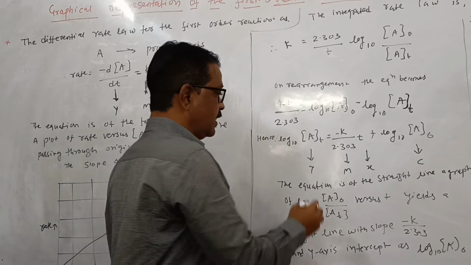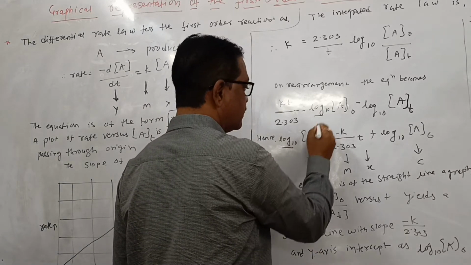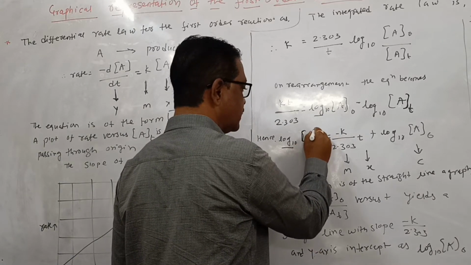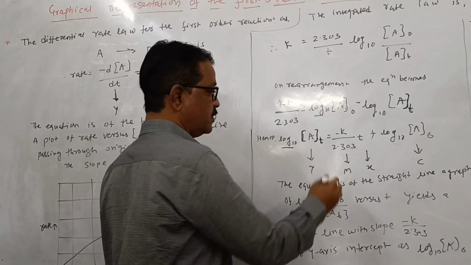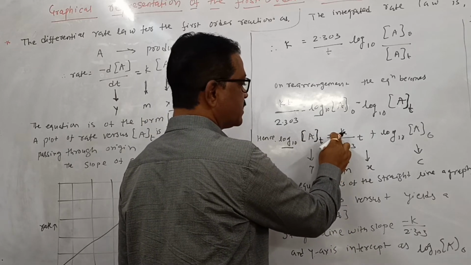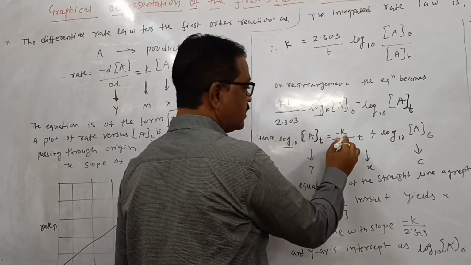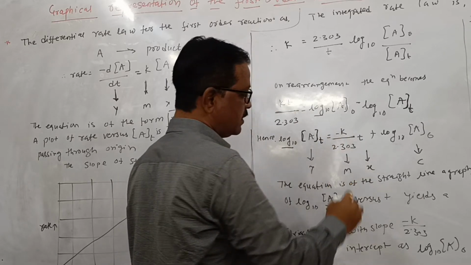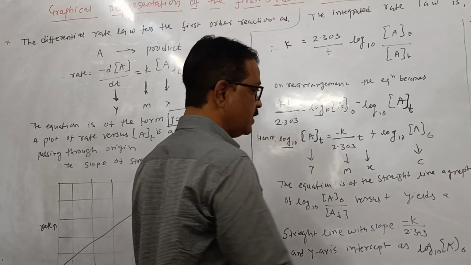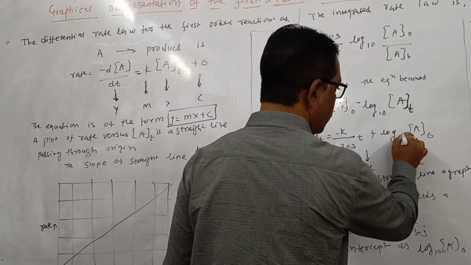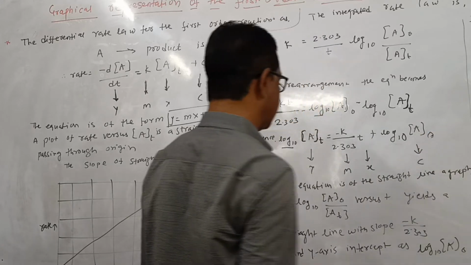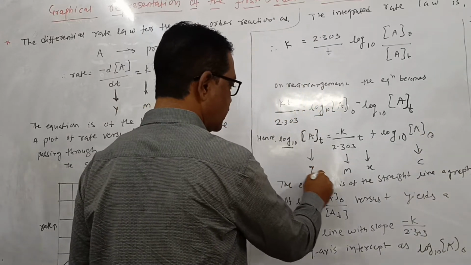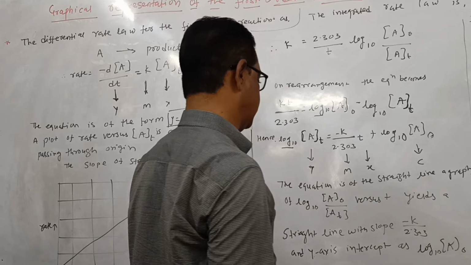Hence log 10 concentration A at time t is equal to minus k upon 2.303 t plus log 10 concentration A0. This is the y, m, x and c.